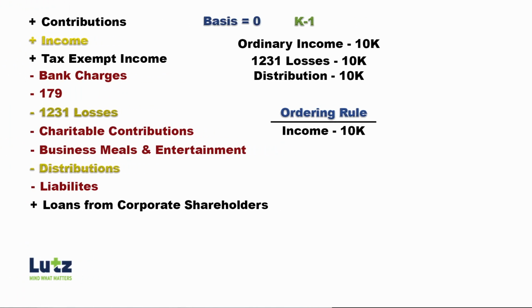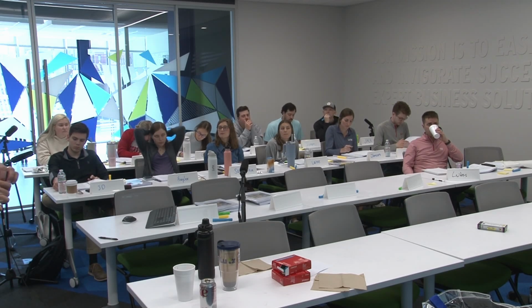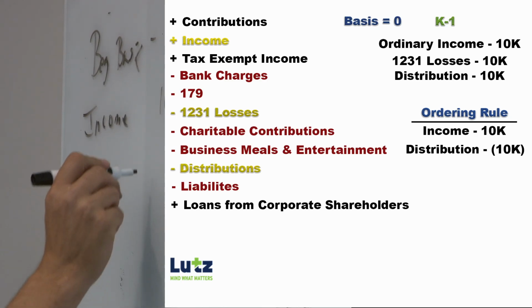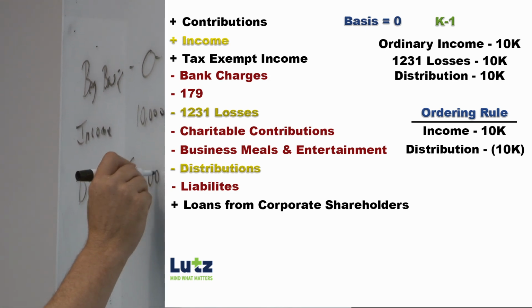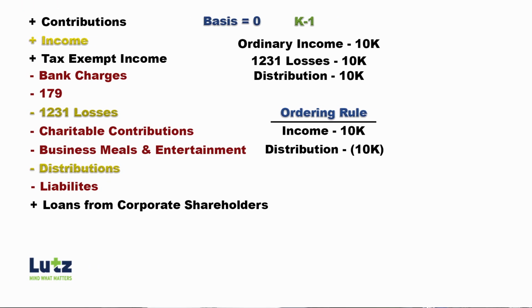So what's the next piece of the ordering? Distribution. Any decrease attributable to distribution. How much do we have for distribution? 10,000. Then what?